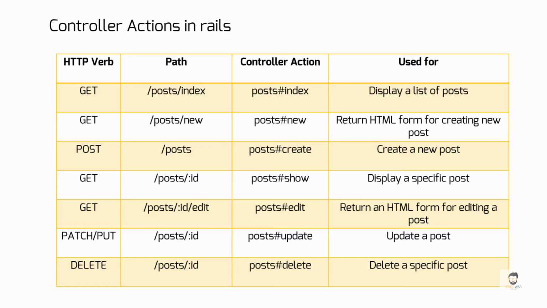Next is the new controller action. It will create a form to create a post. It returns an HTML form for creating a new post. And next is the create action, which, as you know, is used to create a new post.